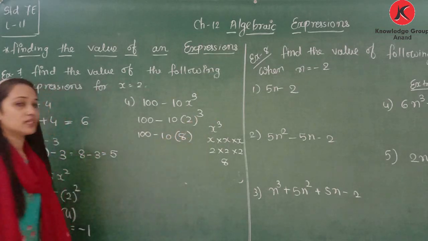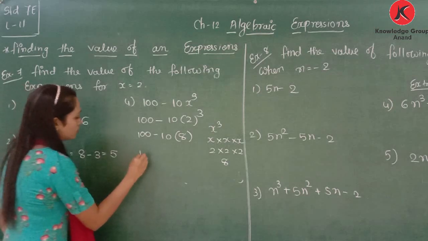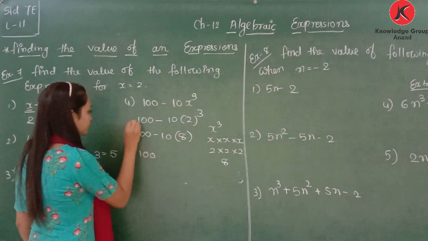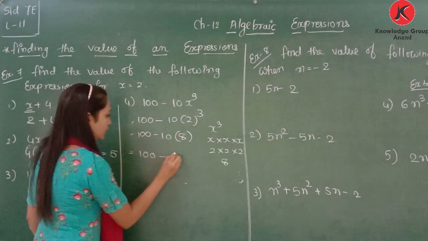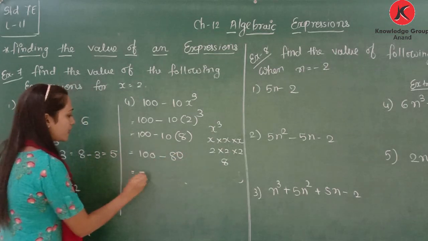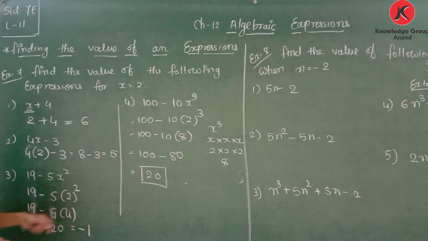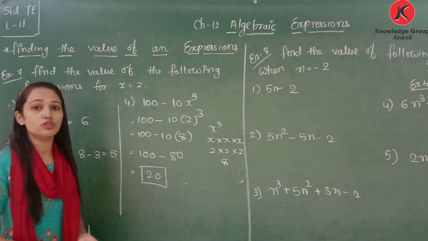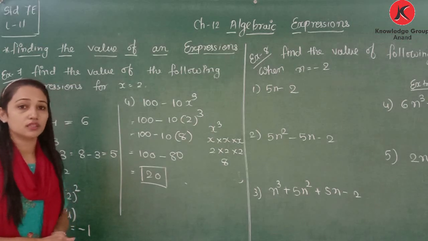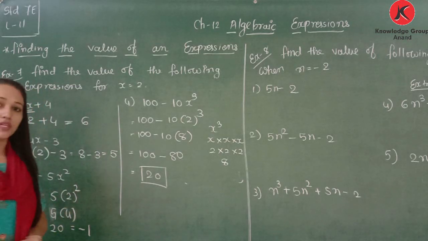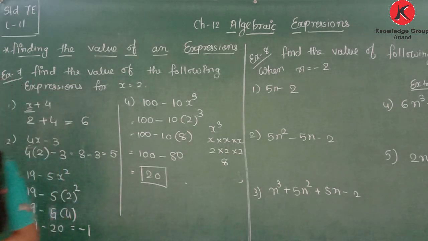Now 10 and 8 are in multiplication. So we get 100 minus 80. And 100 minus 80 is 20. So that is our value of the expression. So this way we can solve the examples in which the value of the variable is given and you need to write the value of the variable inside the expression, and then you can find the value of the expression.